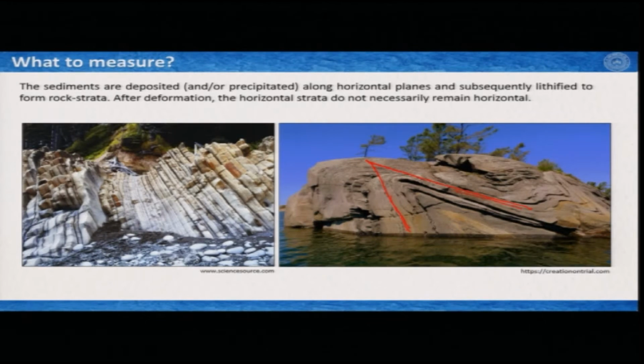Two planes, when they intersect, produce a line, and this line also should have some sort of orientation. This orientation, we will learn later, is known as fold axis, and this we can plot as well. So, all these kinds of geometric dispositions of deformed rocks allow us to measure and plot them differently in the map, and this is what we are going to learn now.